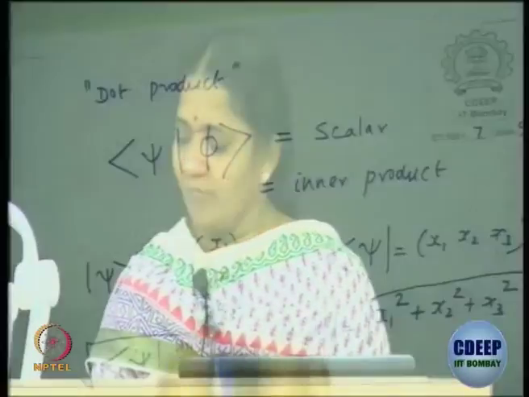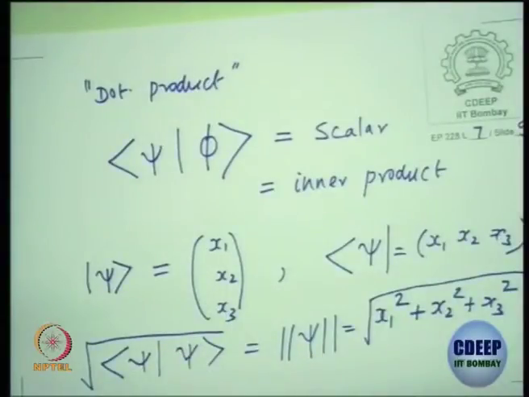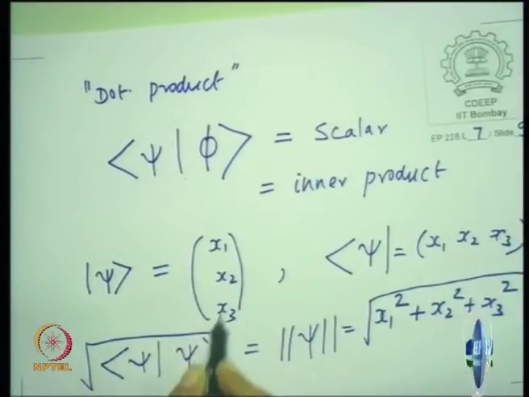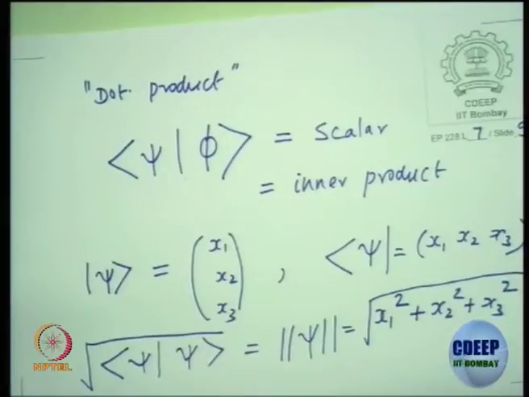Suppose instead of R3, I want to go to a complex vector space, like we have done the complex plane. The complex plane has one z coordinate, but I could look at two z coordinates in an abstract complex vector space. If you do such things, suppose x1 is complex, x2 is complex, x3 is complex.